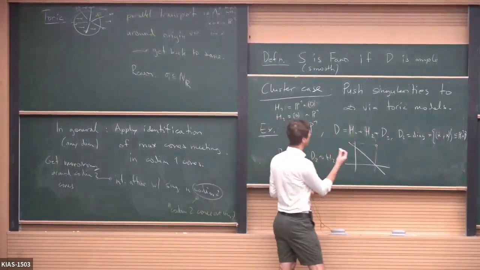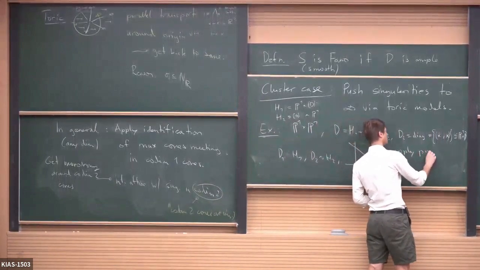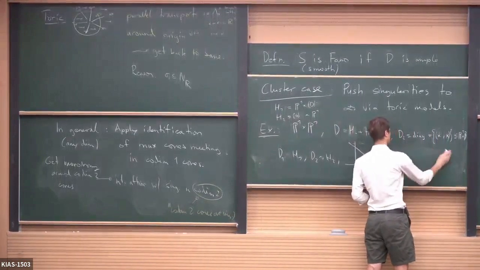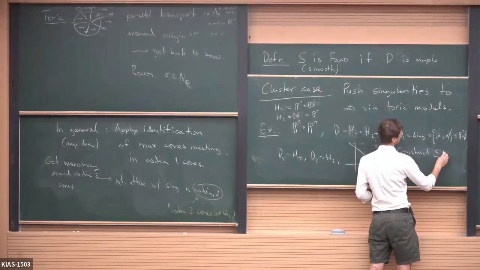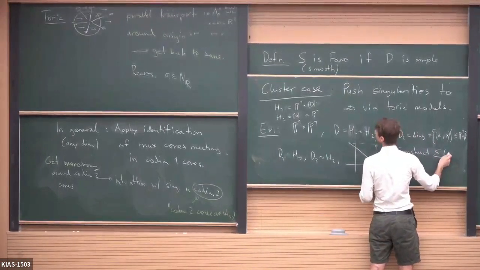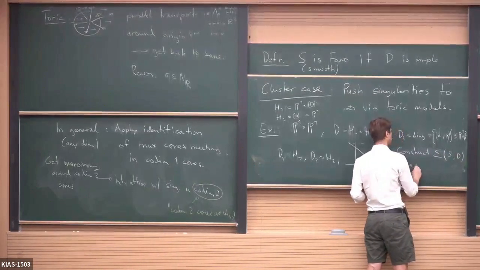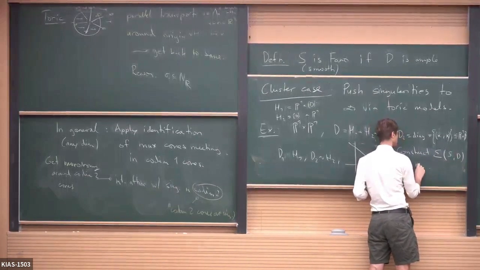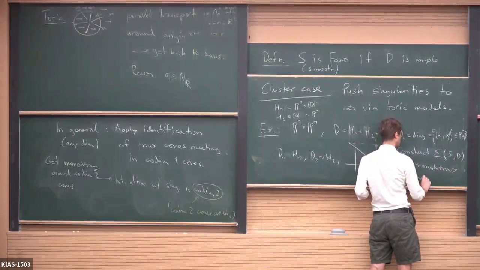And so you can apply the process, construct sigma of S, D, and you'll see the singularity, monodromy around the origin.